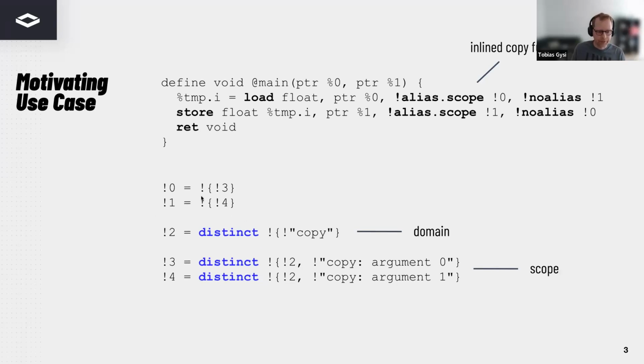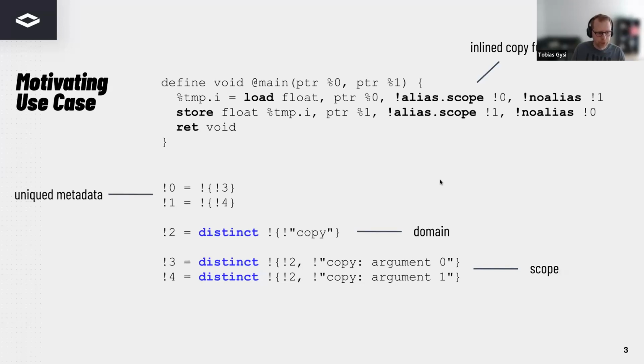And if you follow the pointers here, as we see, for example, the !4 is in the alias scope set or list 1, and this is used here. So the 1 is basically the second argument, or the argument 1, and the store aliases with this second argument.